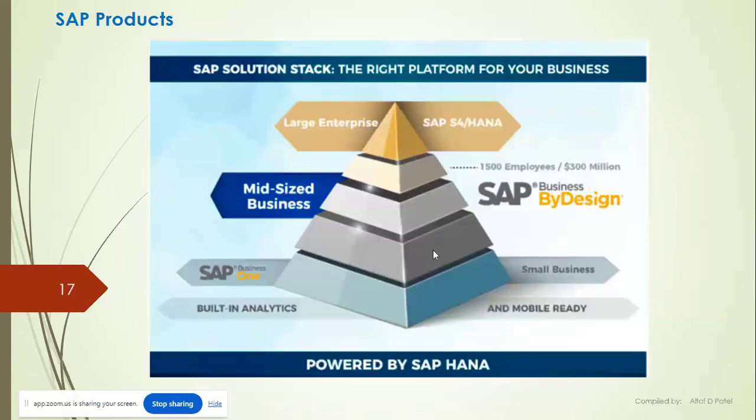So coming to what exactly are the products available. If you are a small organization, use SAP Business One. This is for companies where users are 100 or 200. For small businesses, the product is called SAP Business One.